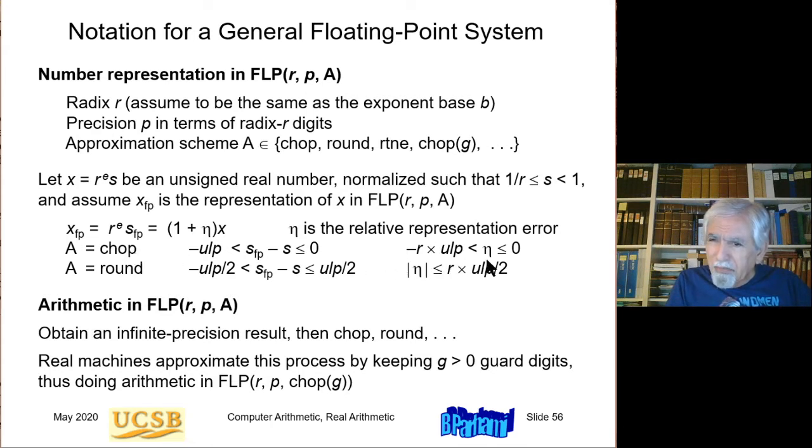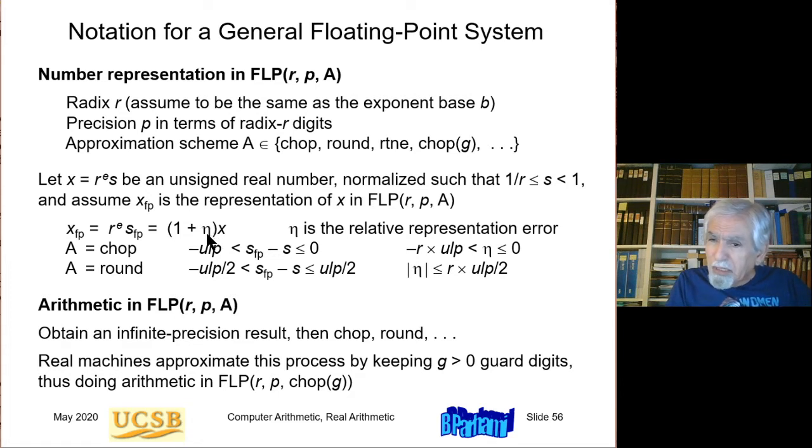So when you represent a value in floating point with the exponent e and the significand s sub fp, meaning the floating point significand, rather than the exact significand, we commit a relative error eta. In other words, what we represent is not x, but (1 plus eta) times x. Eta is a very small number representing the relative error.